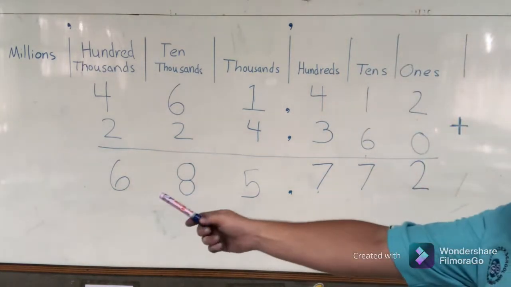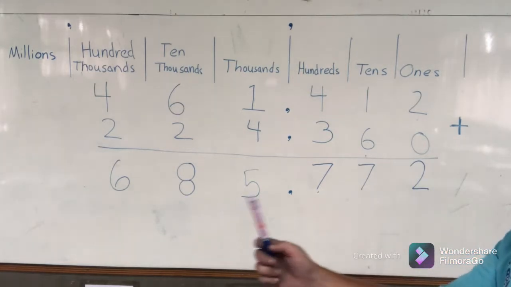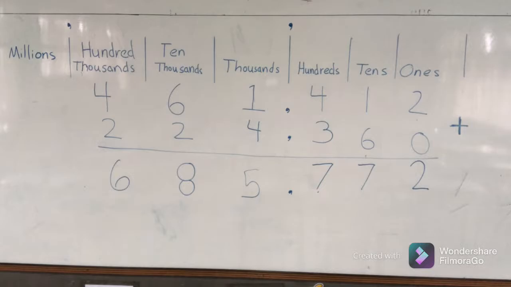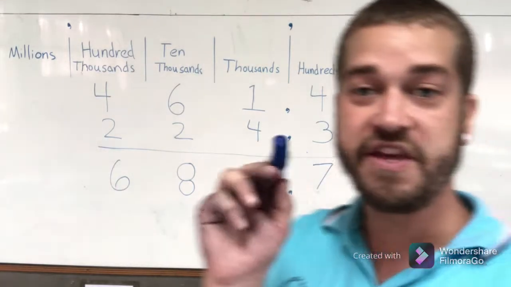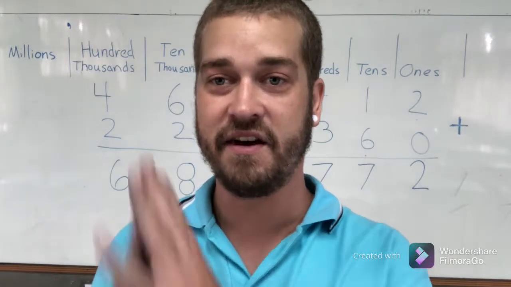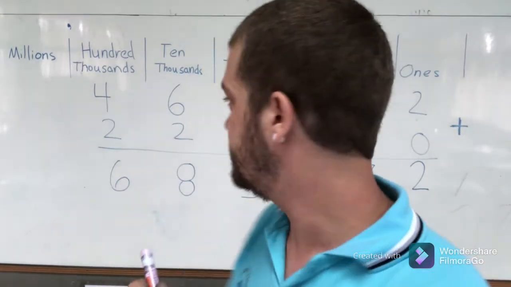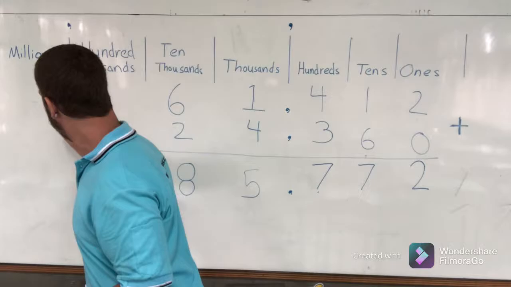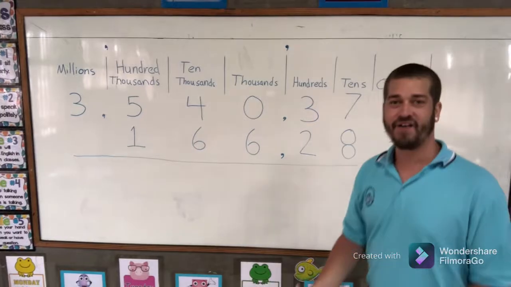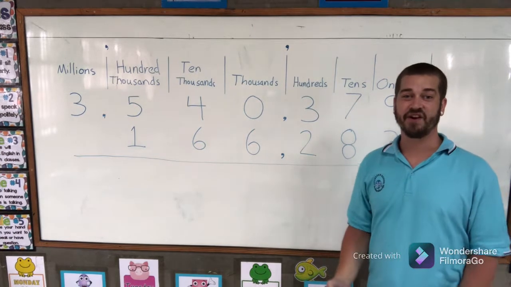But for now, this is 685,772. Make sure that you have this written down inside of your book on page 58 under Do and Learn. This is problem A on number 1.